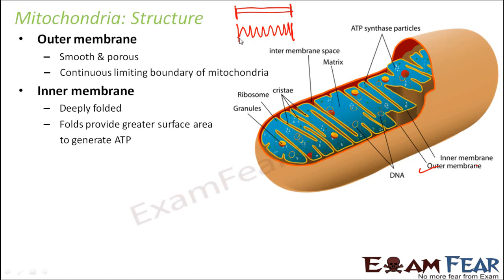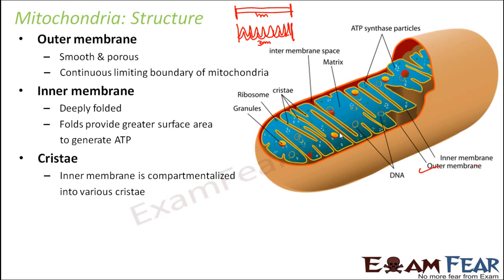So when you fold the same wire, if in the same space you could accommodate 1 meter of wire, now you are able to accommodate almost 3 meters. So your surface area is increasing. Similar is the case here. Now it has been folded in this way so that the surface area increases. When the surface area increases, more and more ATP molecules can be produced.